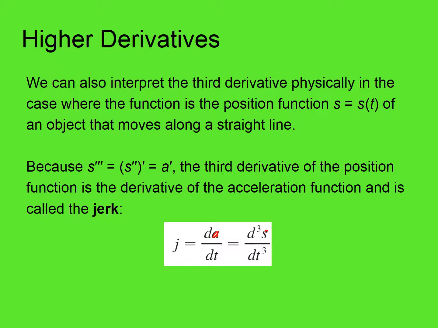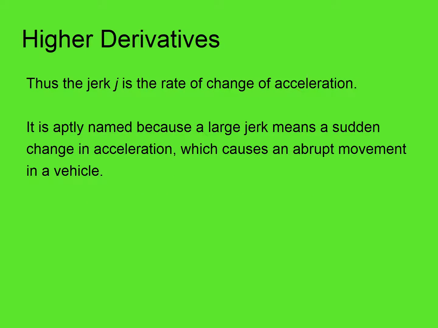And yes, many of us have gone through the phase of calling certain people we know third derivatives. Thus, the jerk j is the rate of change of acceleration. It is aptly named.